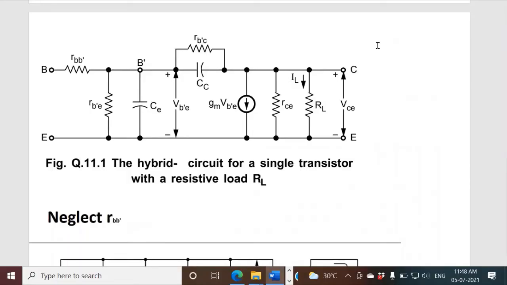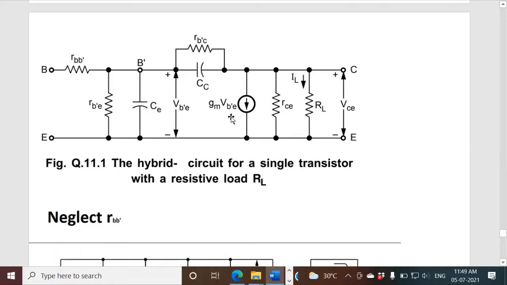These are the resistances offered by the reverse bias junction, so we can neglect them and consider them as open circuit. So this one is gone, this one is gone.